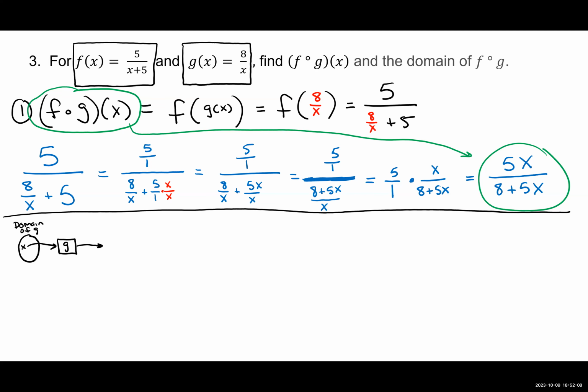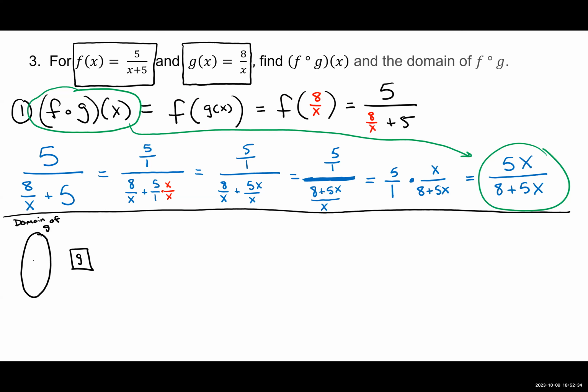So an x value goes in. What comes out? Well, if an x goes in, the output is a y value, but we're not going to call it y. So let me make this a little bit bigger. Domain of g.